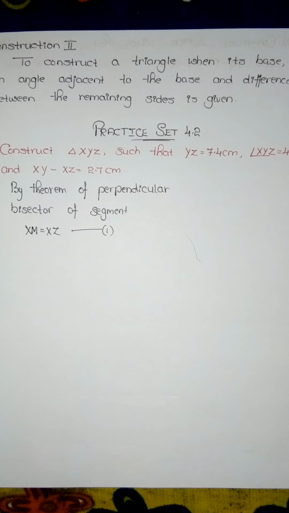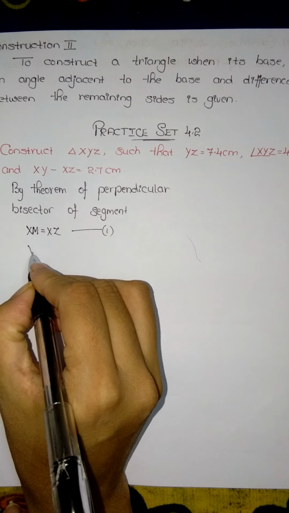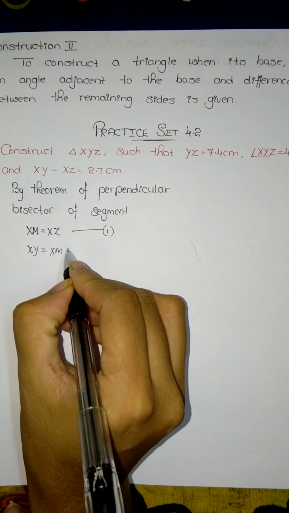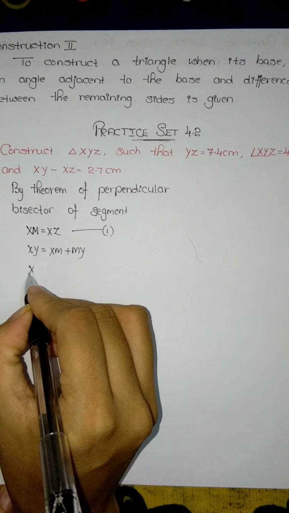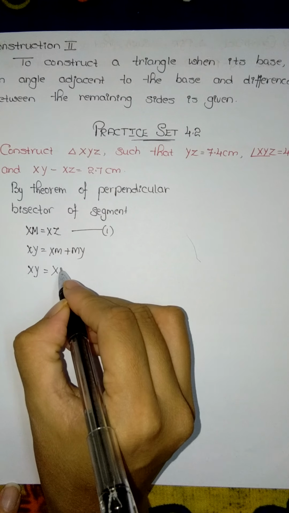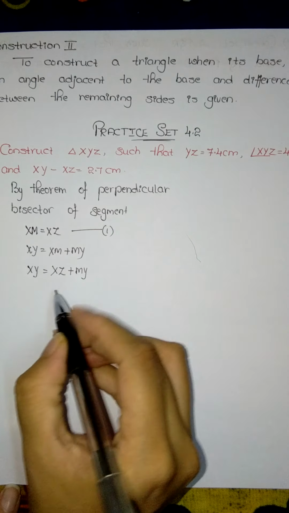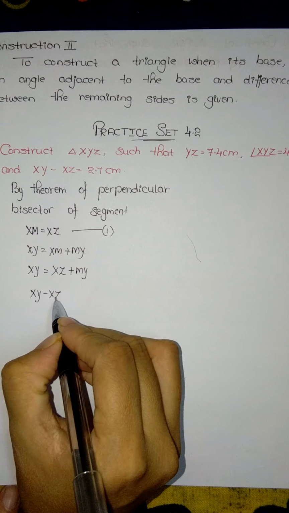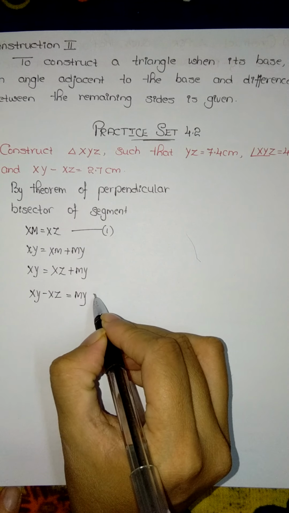Take it as 1. XY equal to XM plus MY. So here XM equals XZ, so replace it: XY equals XZ plus MY. Therefore XY minus XZ is equal to MY, which is equal to 2.7 centimeter.